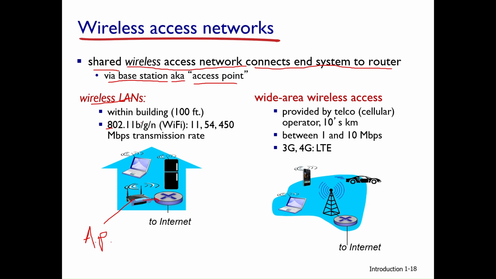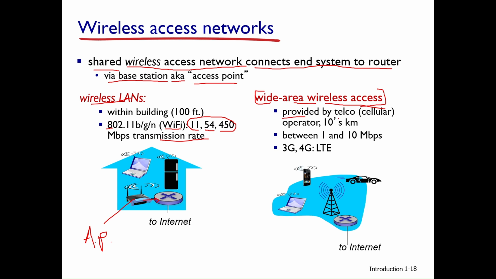802.11 b/g/n, also known as WiFi, gives 11, 54, 450 megabits per second transmission rates. So what is wide-area wireless access?